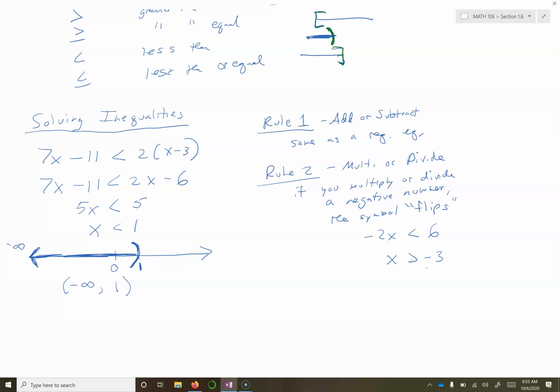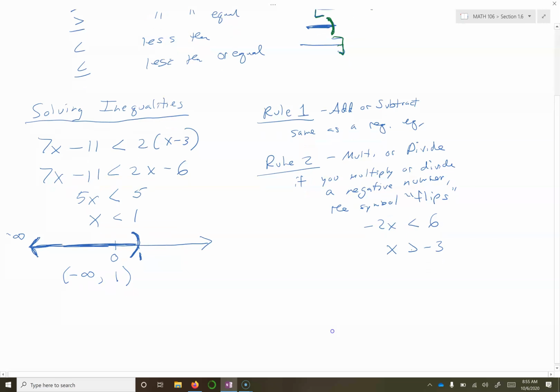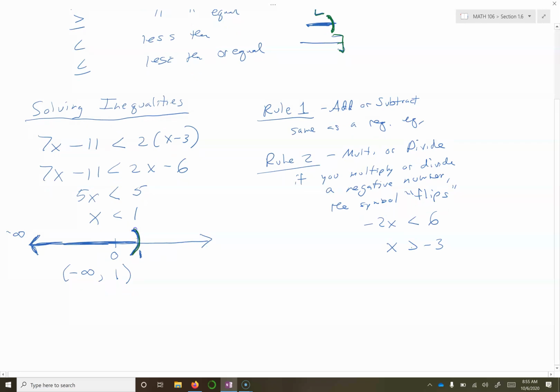So we did this first example. It looks like an equation, it just has an inequality symbol. Our goal is to get down to x on one side and some number on the other. So we got x is less than 1. We used the parenthesis at the 1 value on the number line, and since it's less than, any number all the way to negative infinity is a solution.